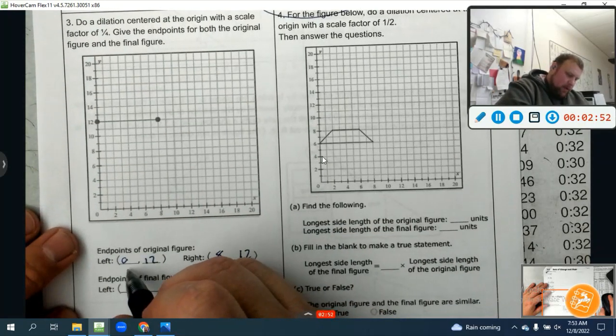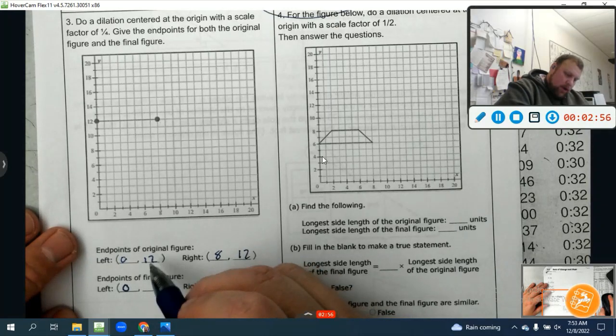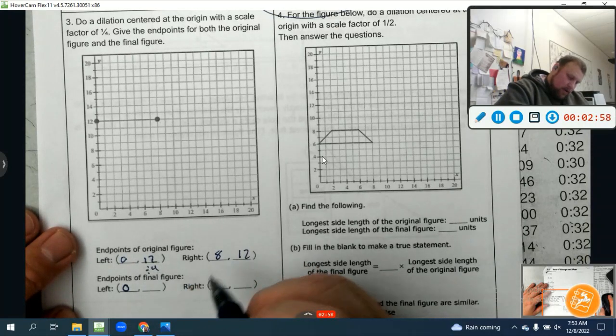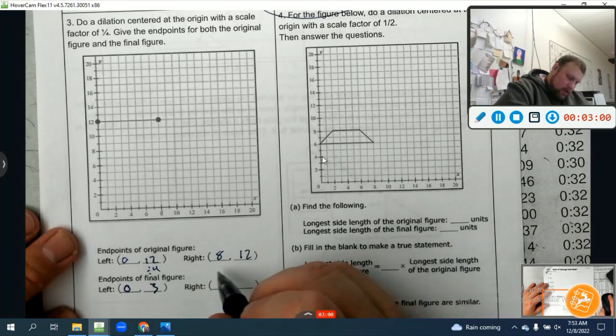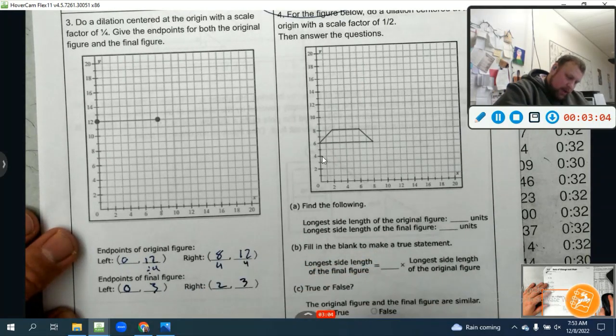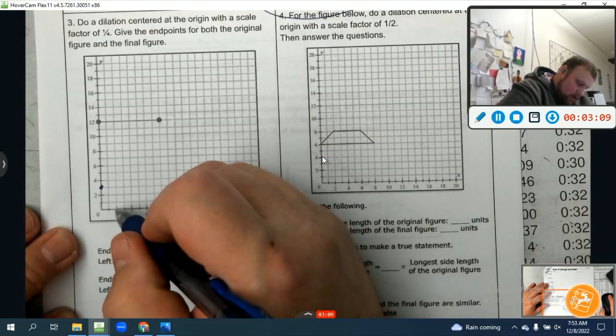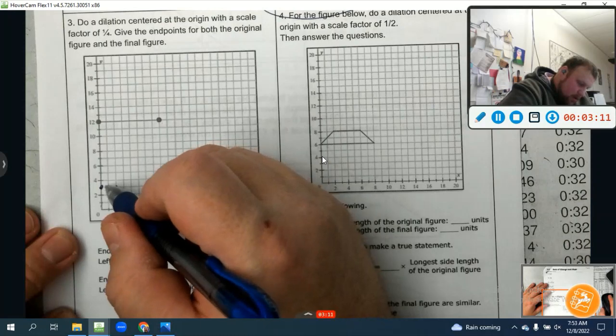So 0 divided by 4 is 0. 12 divided by 4 is 3. 8 divided by 4 is 2. And 12 divided by 4 is 3 again. So it's going to be 0, 3, and 2, 3. That is your 1/4 scale.